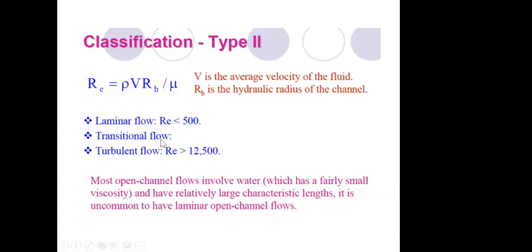And the hydraulic radius is equal to the area divided by the wetted perimeter. The area of the flow: if you cut the flow and look from the direction of the flow, you will see an area over there. And the wetted perimeter is the perimeter that has water on it.